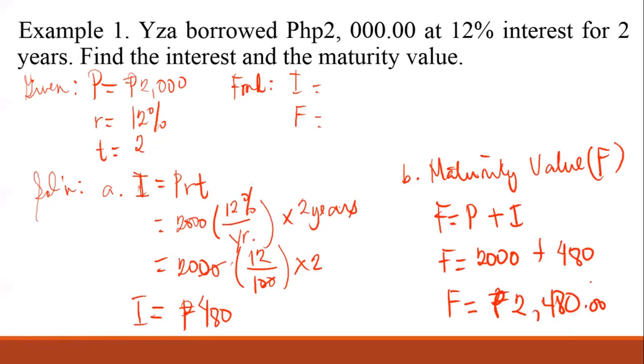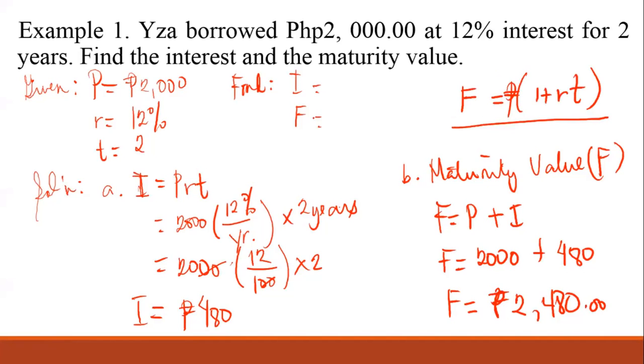Note here that if we are not asked for the amount of interest, but only for the maturity value, we can use the formula F equals P times the quantity 1 plus RT. So, pag hindi tinanong si interest, ito yung formula na gagamitin natin.